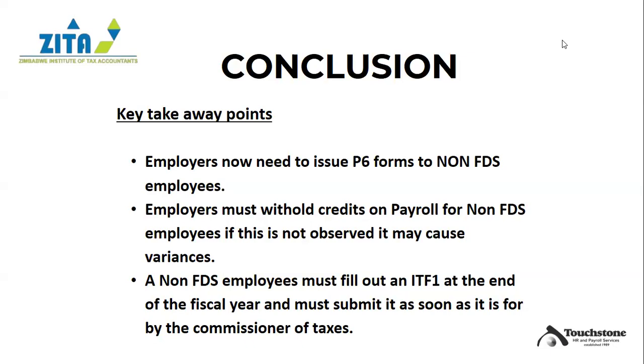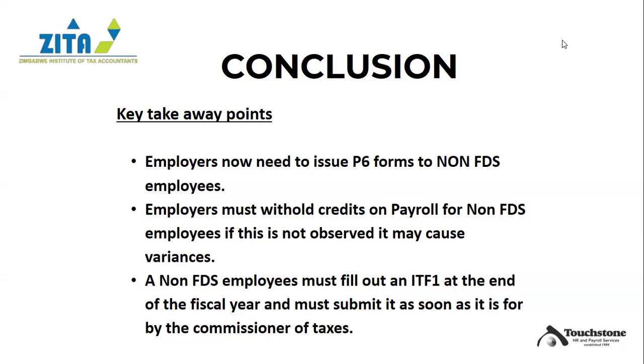If you are an employee, this is one that we don't talk about a lot, but if you are an employee with multiple incomes, in other words, you have more than one employer paying you in a pay cycle, you also need to get a P6 from each of the employers at the end of the year so that you can reconcile those P6s to come up with your totals, which you are now supposed to then declare to ZIMRA.